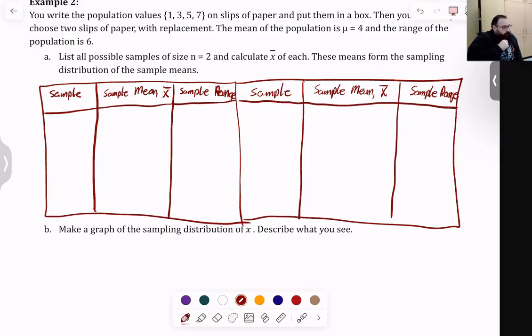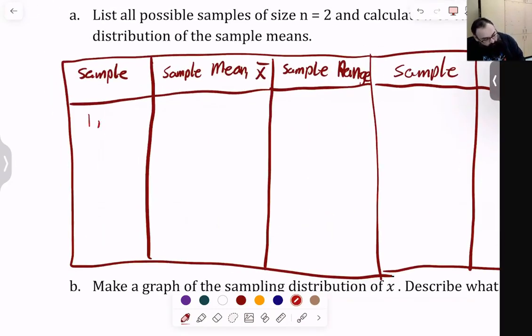So we need to come up with all possible combos of 1, 3, 5, 7 that are size 2 with repetition. So you may think, Mr. Reyes, I have no idea what's happening. 1, 1. 1, 3. 1, 5. 1, 7. What are the next ones I could write? 3, 1. 3, 3. 3, 5. 3, 7.